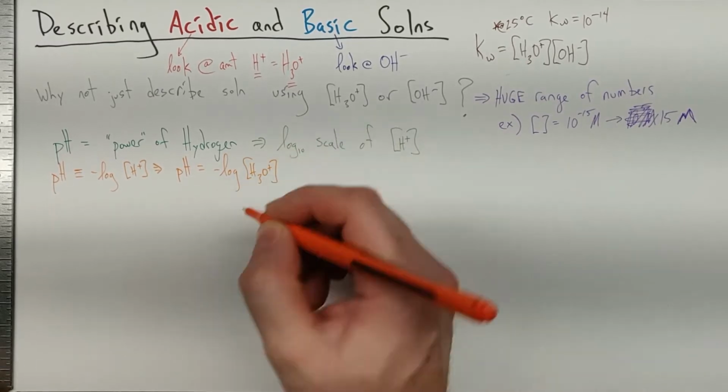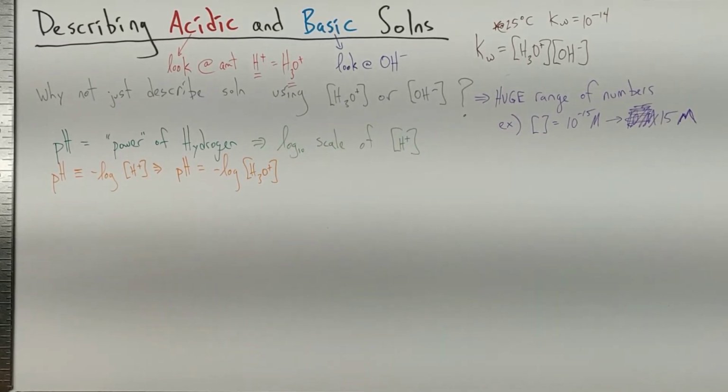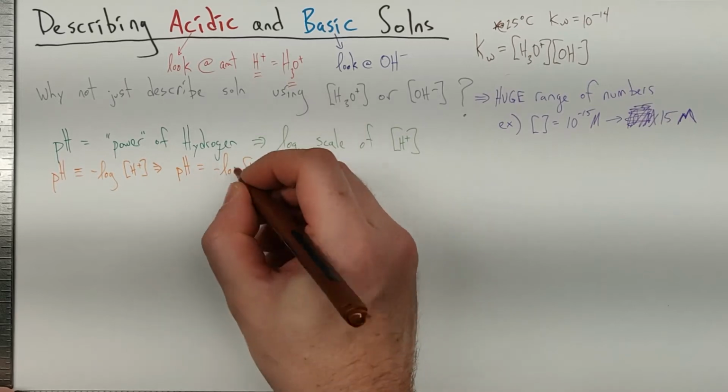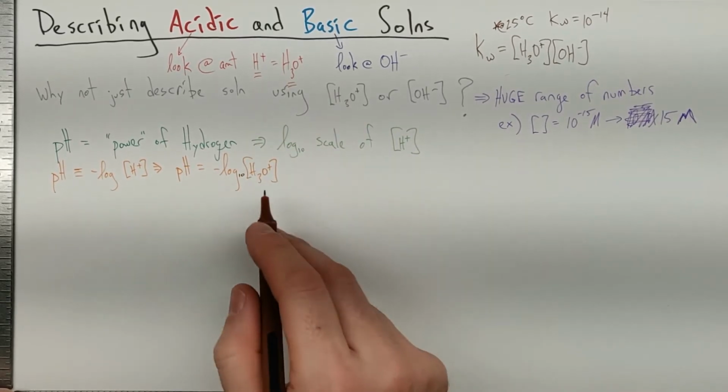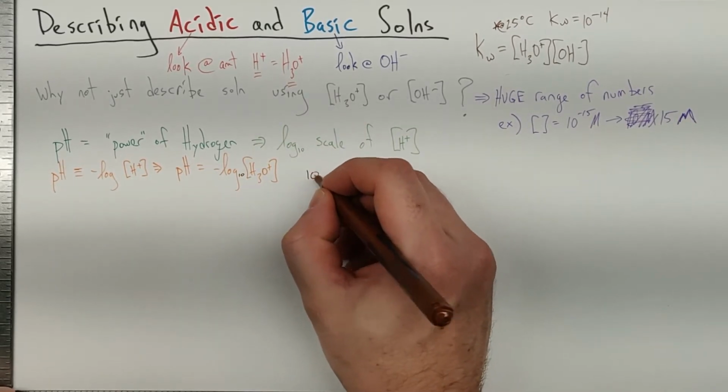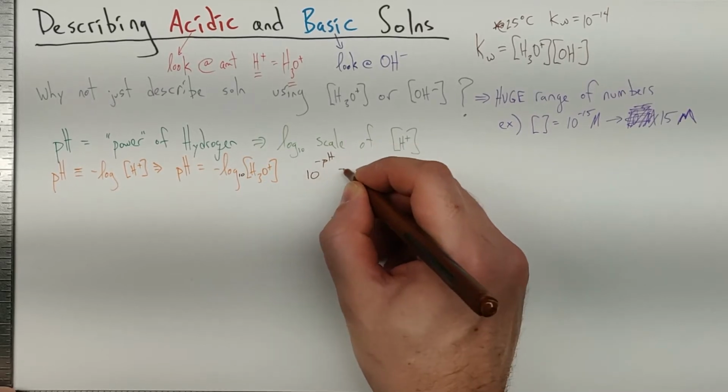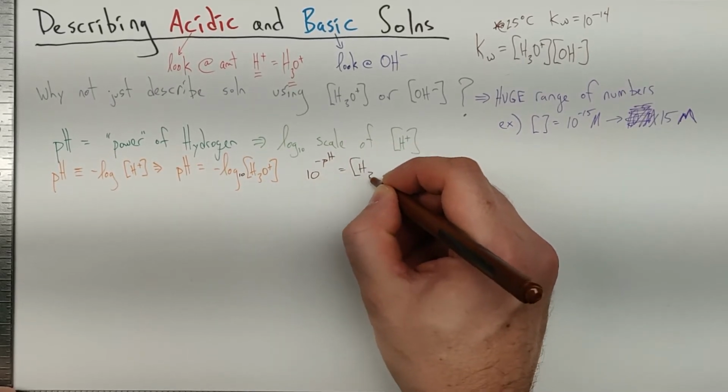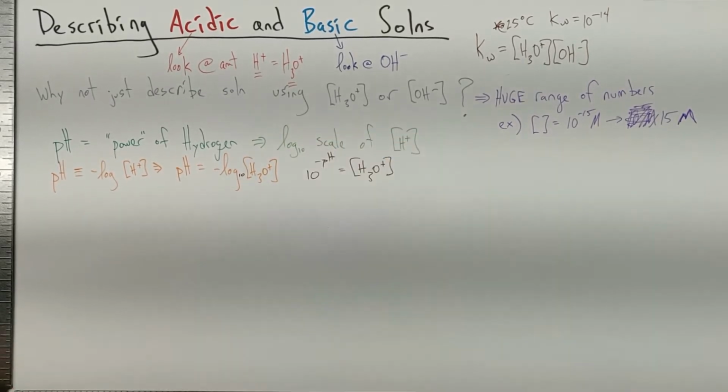That is going to be one of our primary equations. Now, using your knowledge of logarithmic expressions, we can undo this, and this is log base 10 in this case, and say 10 to the negative pH will get us a concentration of H plus or H3O plus. That is another one of our important equations right here.